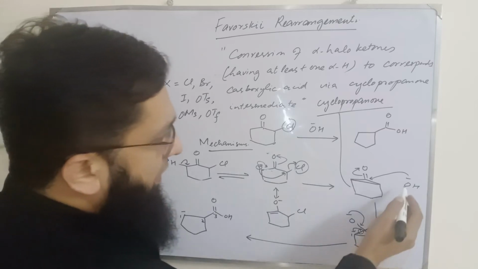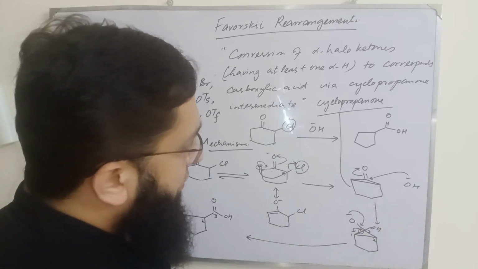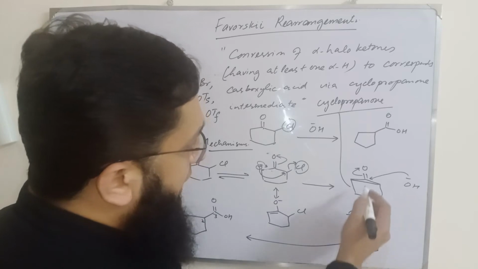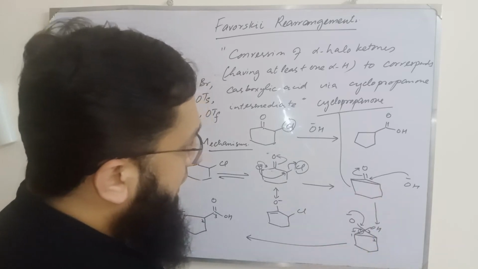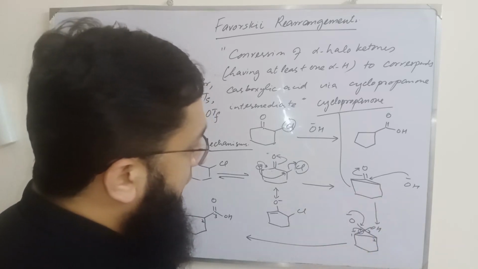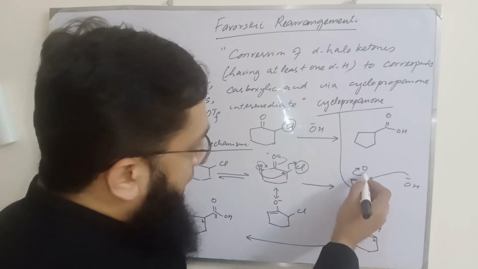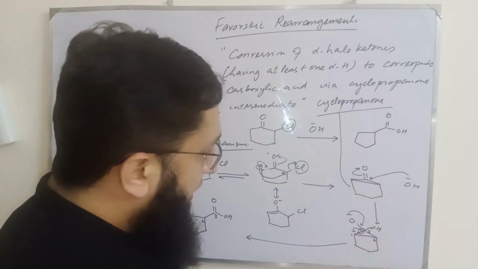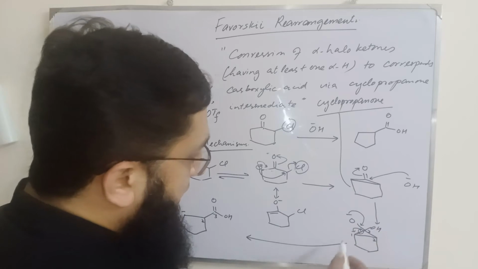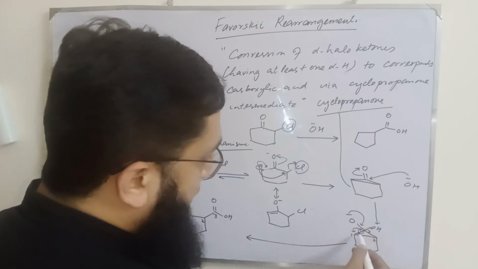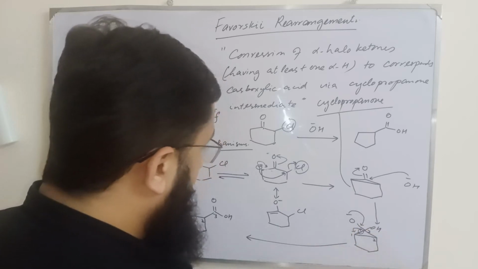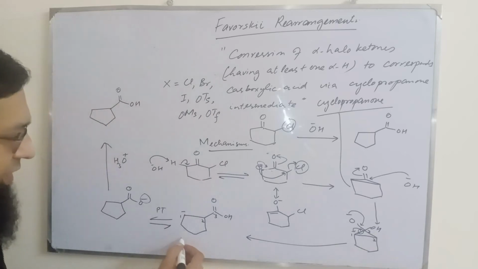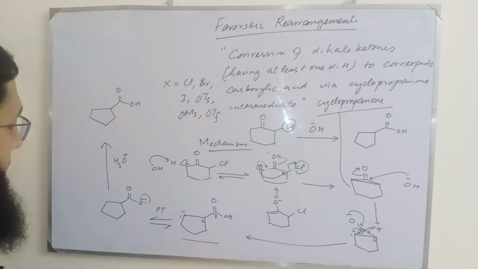In the next step, the hydroxide ion which is being used as a base would attack the carbonyl carbon as a nucleophile, as a result this bond would break and we will get the tetrahedral intermediate. And in the next step, this negative charge would come back and one of these two bonds would break, and as a result this carbanion would be obtained.